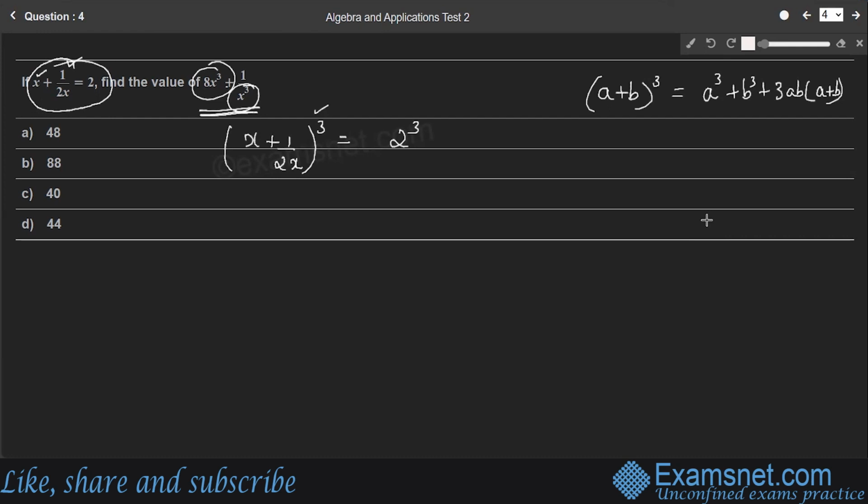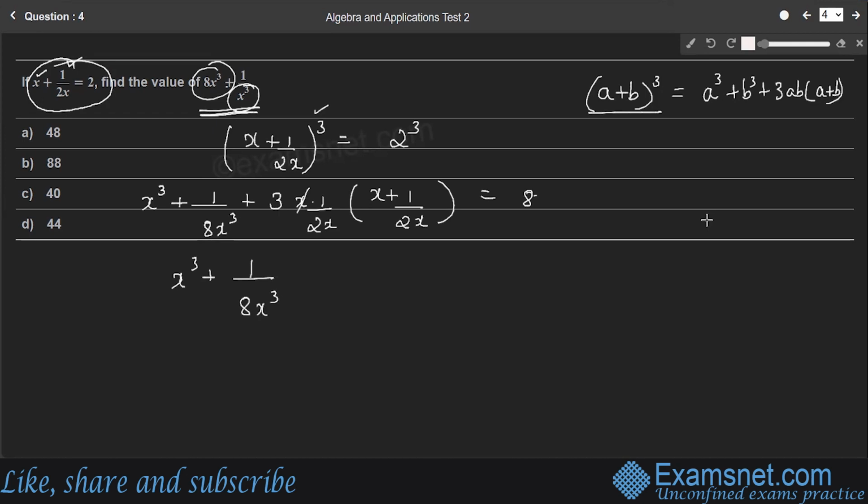So apply the same formula, a plus b whole cube is equal to a cube, which is x cube, plus b cube, which is 1 by 2x whole cube, meaning 1 by 8x cube, plus 3 times ab, where a is x, b is 1 by 2x, right? Into a plus b, x plus 1 by 2x is equal to 2, and cube of 2 is 8, right?